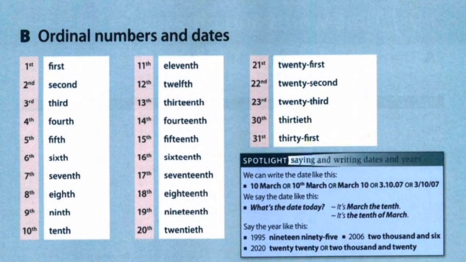Years that end in double zeros are typically pronounced using 100. For example, this one, 1900, or 1800, 1700.